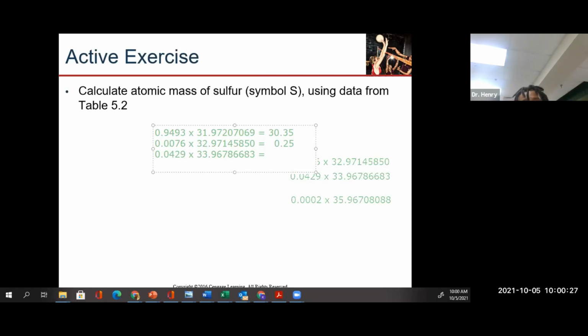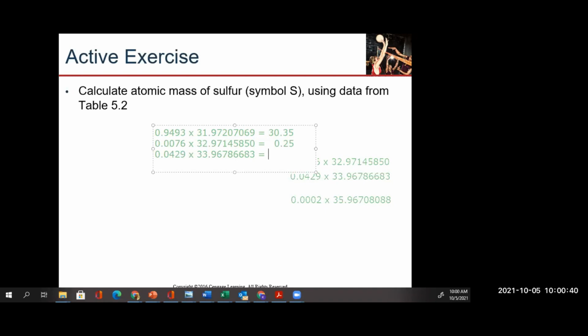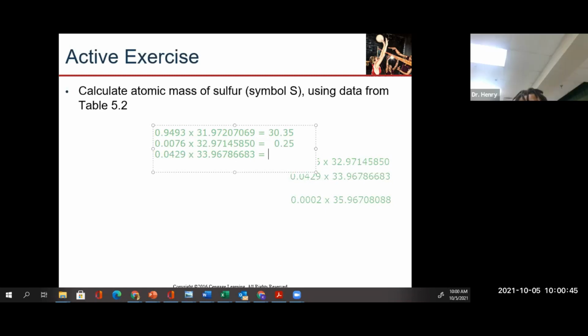How many sig figs here? Three? 3, that's right.